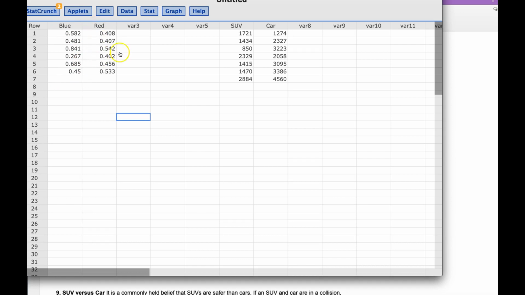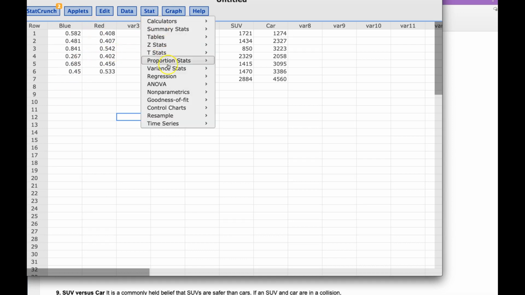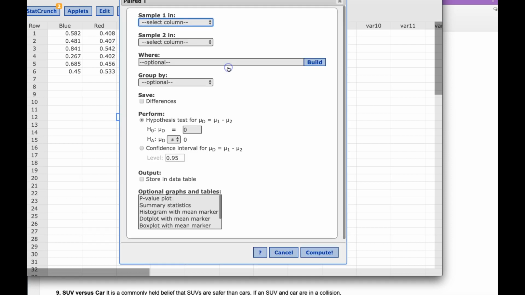So you have the blue and red, and then we're going to do t-stats, in this case the matched pair. You have the blue, and then you have the red, and we're calculating the difference between the blue and the red. We could store the differences, and then run the hypothesis test that the difference equals 0, that there is no difference between blue and red for the participants, versus there is a difference.